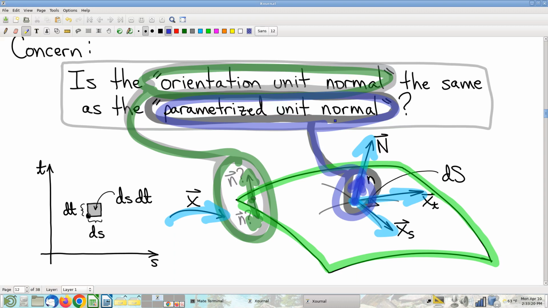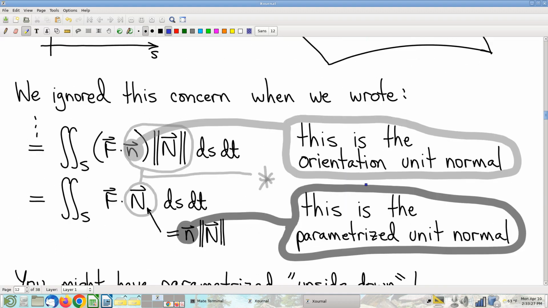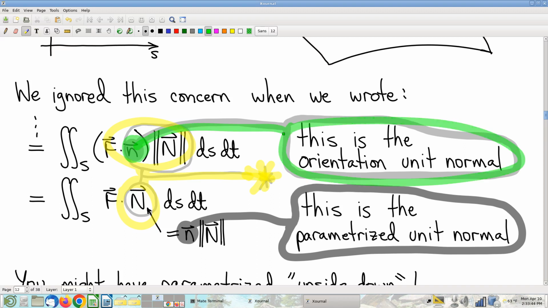Okay. All right. So, this is where my crime was. Let's look back at this algebra. Here was my asterisk. I made the claim that this is equal to this because, same direction, same magnitude, and so on. I deliberately swept it under the rug, though, that this right here was the orientation unit normal. We compute f dot n, where n is what comes in the statement of the question as defining the proper direction through the surface.